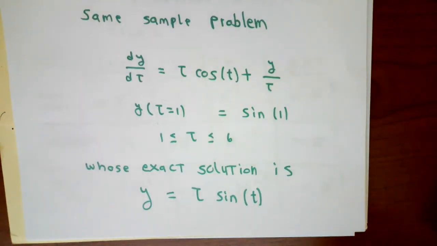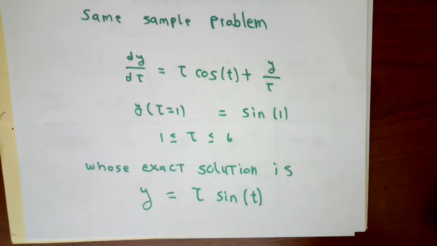If we apply this method to the same sample problem that we've been using, that is, dy/dt is supposed to be t cosine t plus y over t, and y at 1 is supposed to be sine of 1, t being between 1 and 6. We showed the other day that the exact solution is y equals t times sine t.